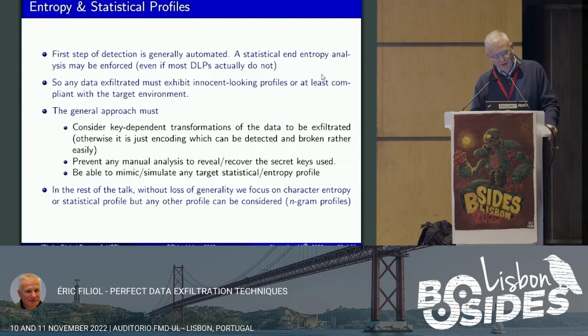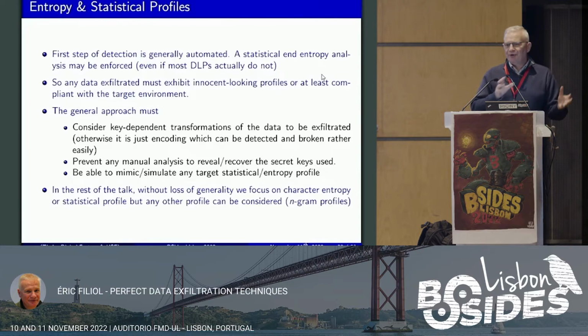And for this, we are going to use entropy and statistical profile. For example, to take a text and make it look like a PDF, at least from the perspective of a statistical detector. Of course, for your human eye, you will see that it is not a PDF. But once again, most of the DLPs are automated processes.